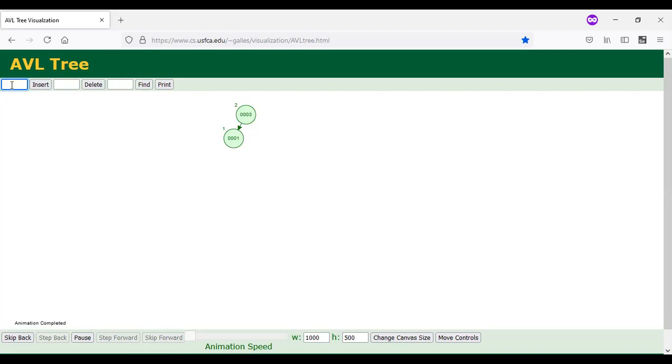And then next take a 2. So 2 is less than 3, but it is greater than 1. What happens here? It will be taken as a right element here. So here we need to adjust the weight, how many elements it has.